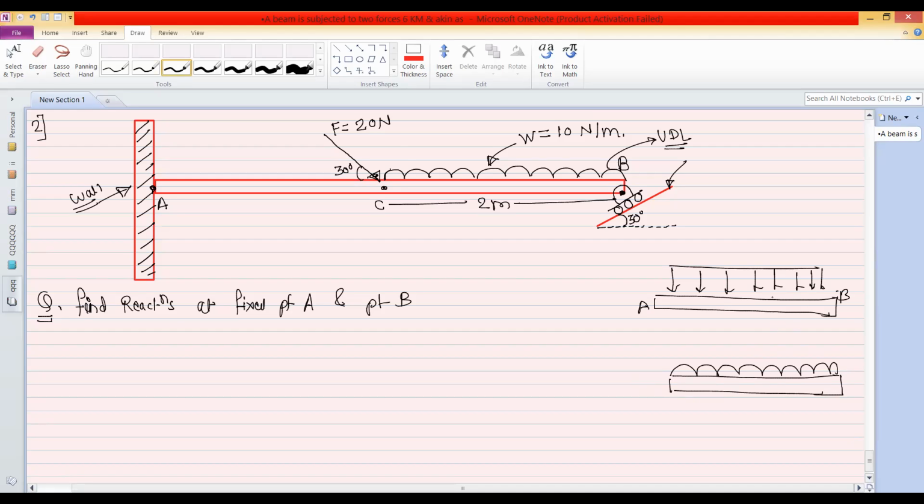So the meaning is the same, both are UDL. When you solve the problem, the first step is to draw the free body diagram. For the free body diagram, just isolate this beam. So this is the beam AB.